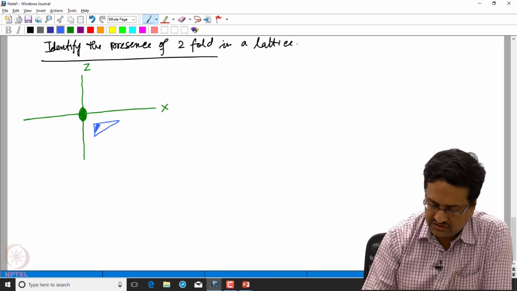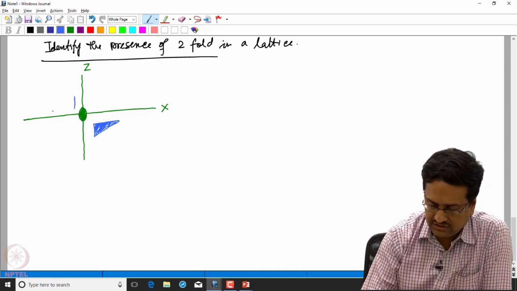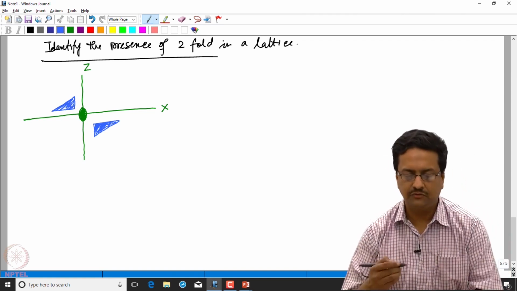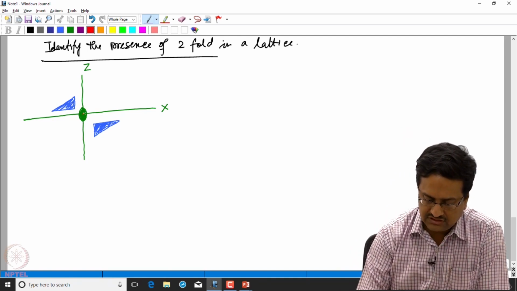A twofold rotation would take it here. So this projection seems to be centrosymmetric about the center.